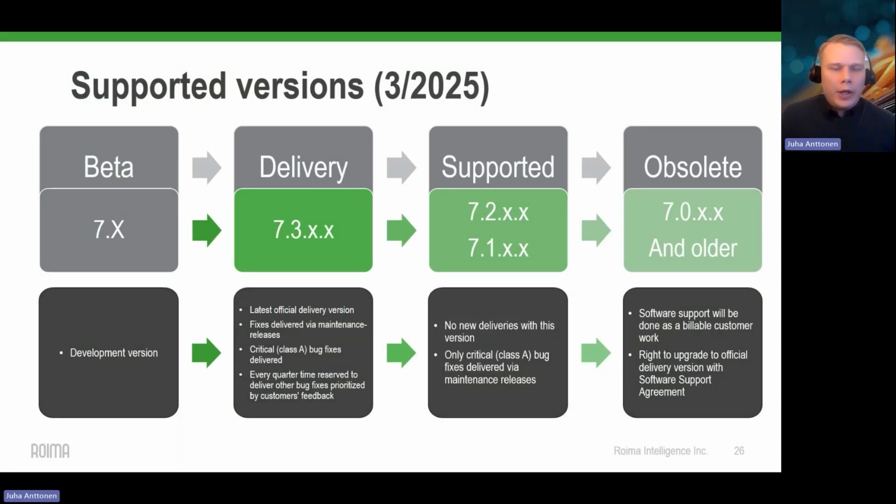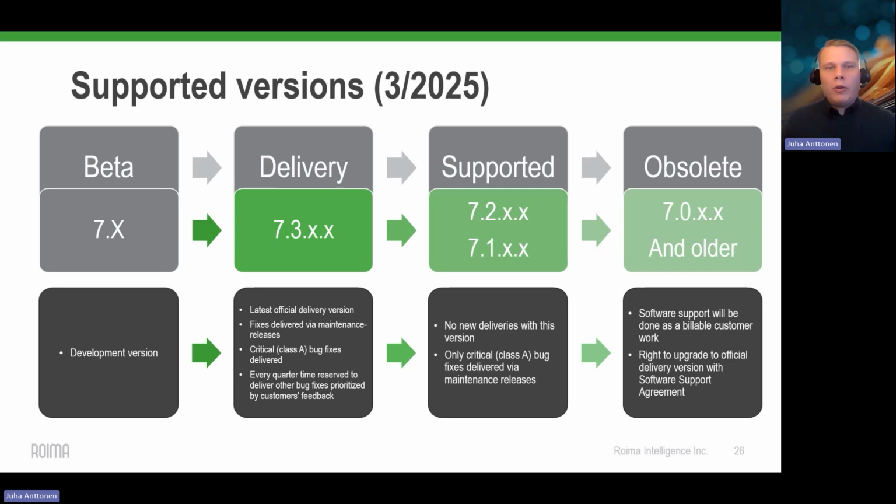If you have Aton SaaS, which means you are buying the software as a service, you can pretty much forget this slide because you will get the 7.3 version automatically as part of your service, and you will always be in the supported versions of Aton.